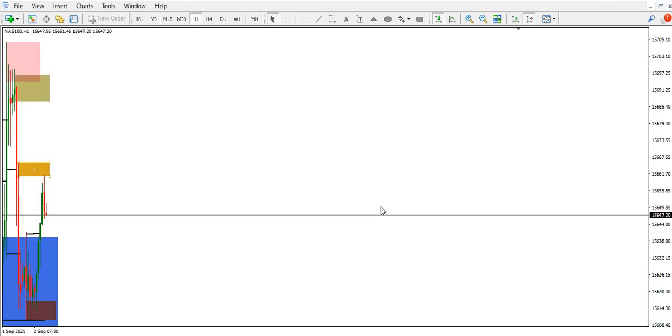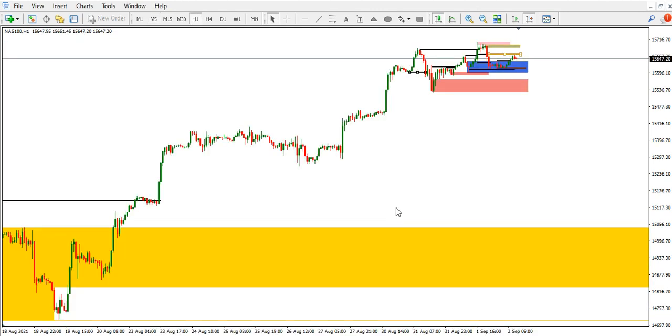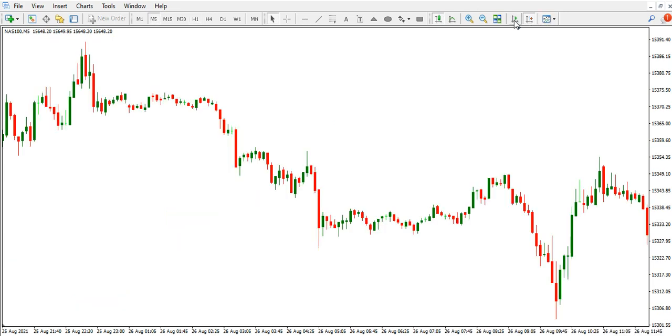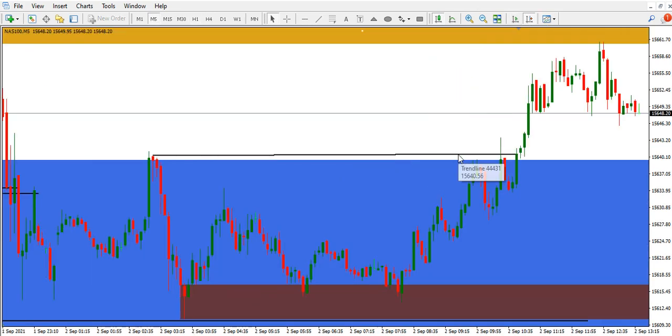So when we go back to H1, our analysis time frame for today, our point of interest is this one here, 15533.35. Should anything that we saw on M5 go accordingly, that is your next stop.